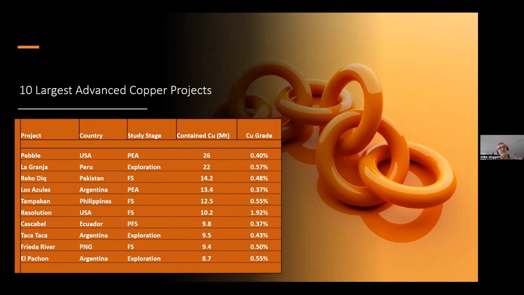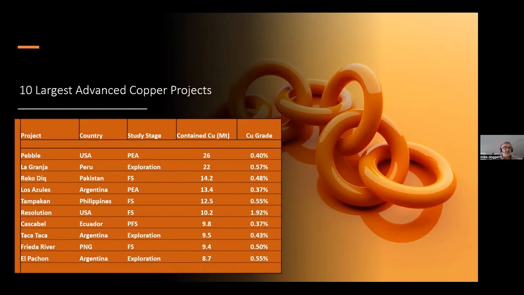Tampakan in the Philippines. I remember looking at a feasibility study for Tampakan in the late 1980s, and the same issues that were at play then are still at play in terms of challenging it. Then you've got Cascabel in Ecuador, one of the more recent discoveries and studies in the copper pipeline.